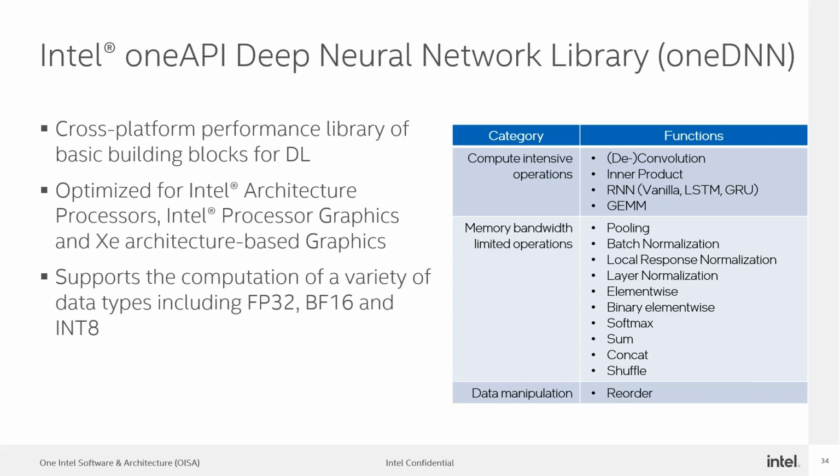So in OneDNN we have some best tuned data layouts which have very good performance on Intel architecture. OneDNN has a functionality to reorder the data from the external NHWC or NCHW into its internal data layout format. It will handle the reorder conversion from and to the external and internal data layouts automatically.